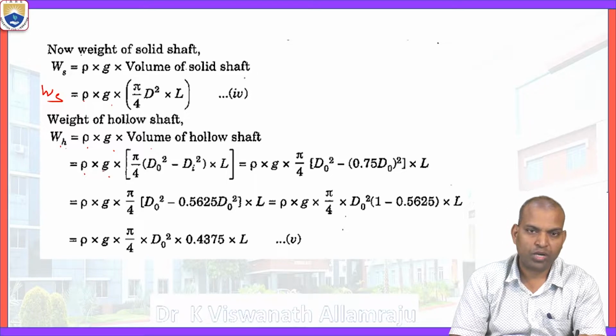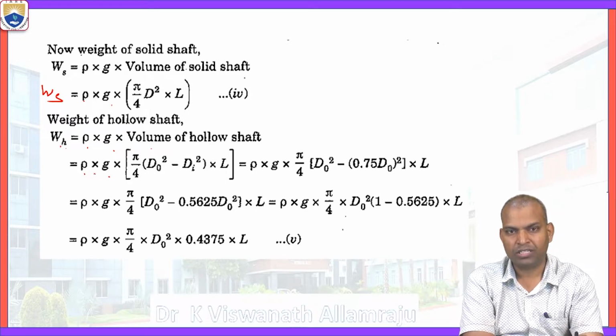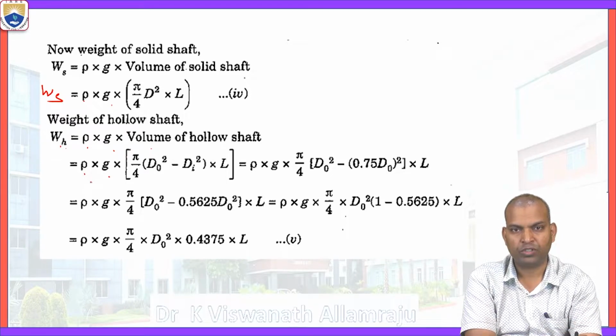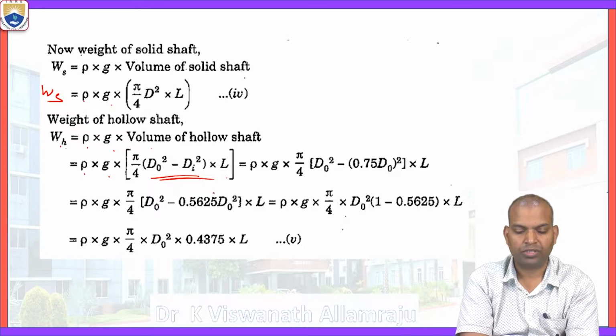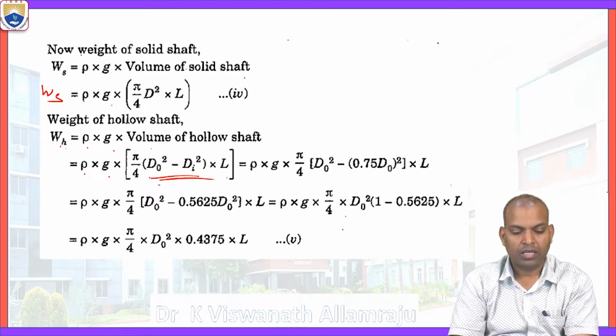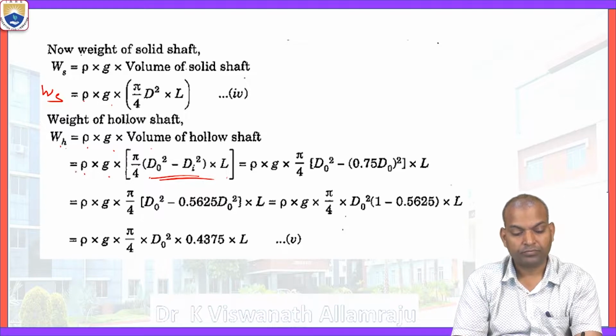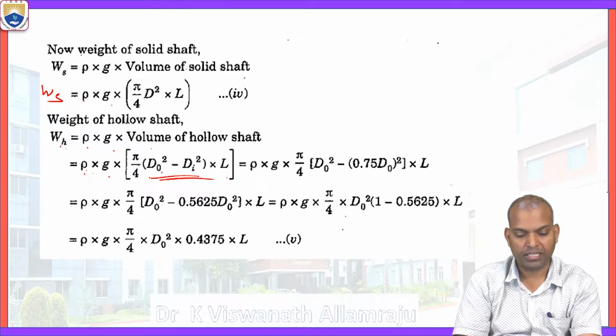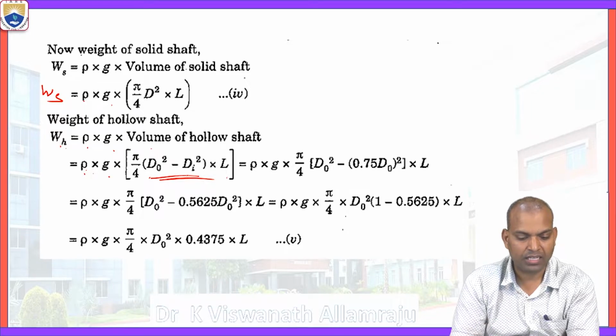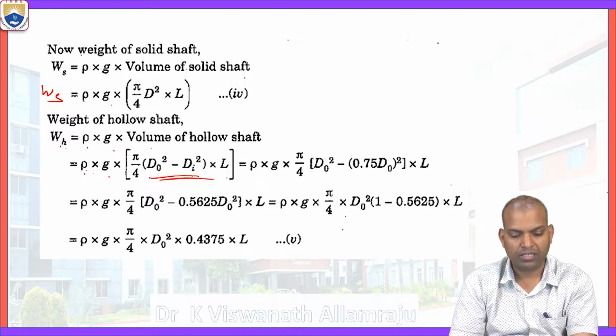What is the volume here? Area times length. The area of the hollow circular shaft is pi by 4 times (D naught square minus Di square), times L. That is area times length, this is the volume. Now substitute: rho g times pi by 4 times (D naught square minus Di square), where Di is 0.75 D naught.